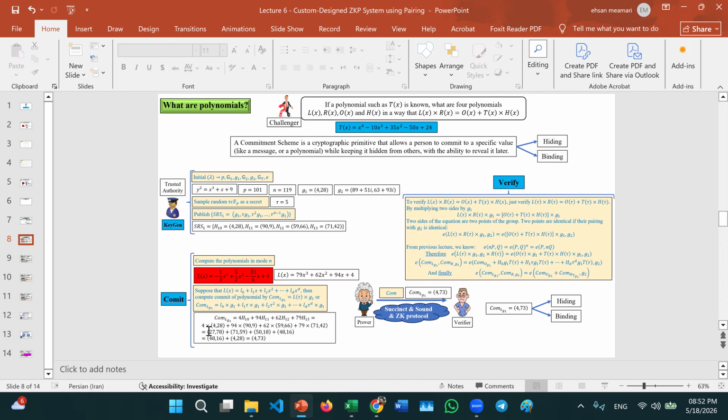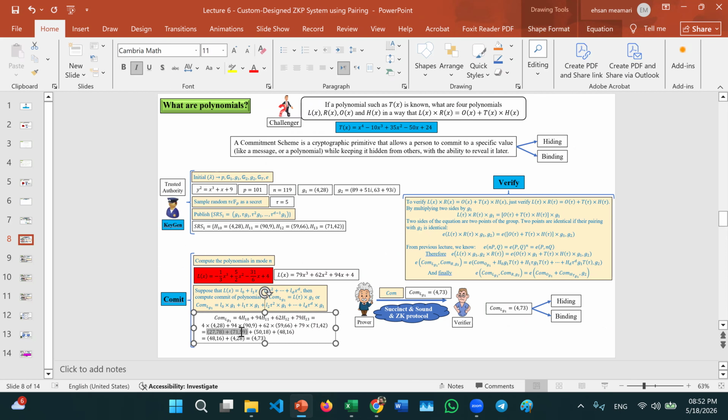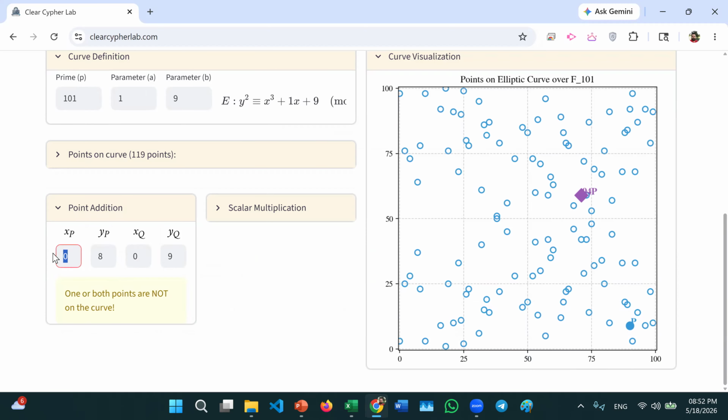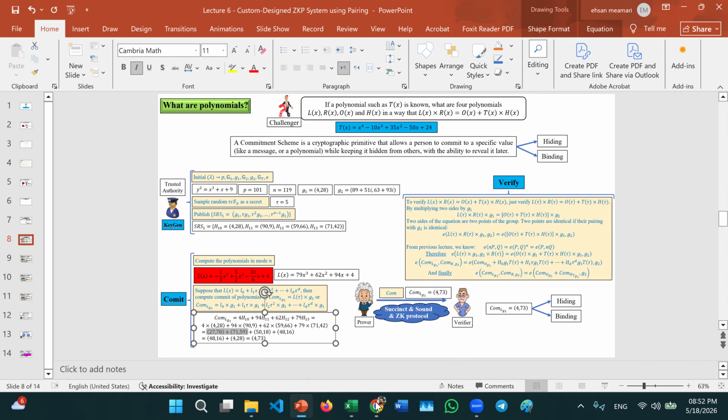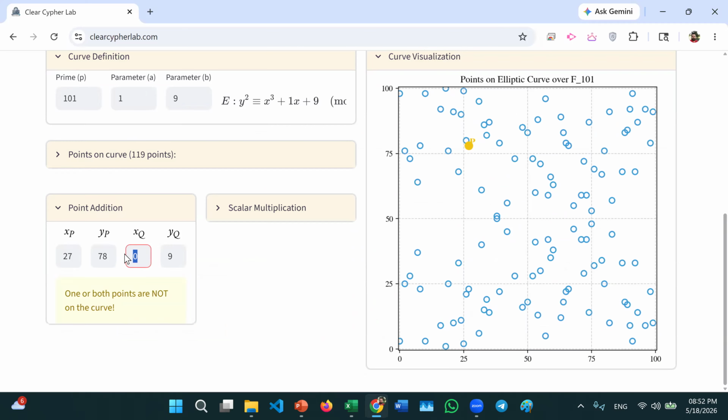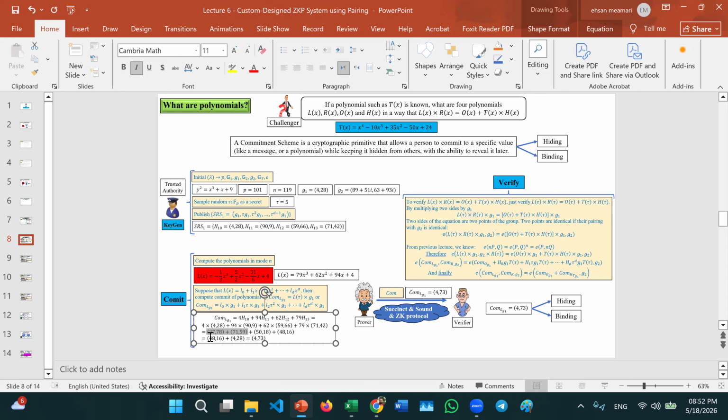So the prover adds these 2 points first, 27 and 78 plus 71 and 59, and the result equals 48 and 16, right? 48 and 16.